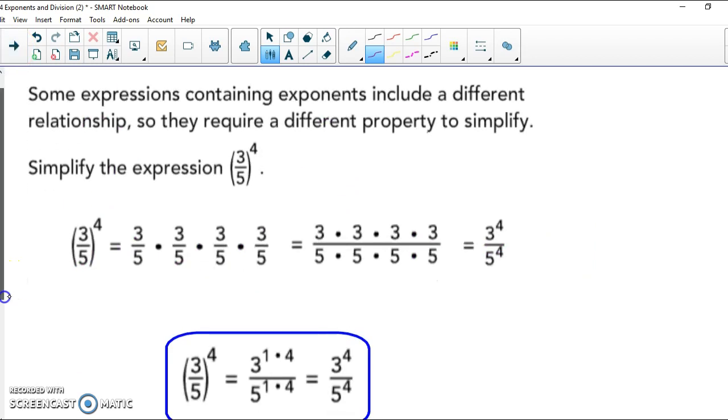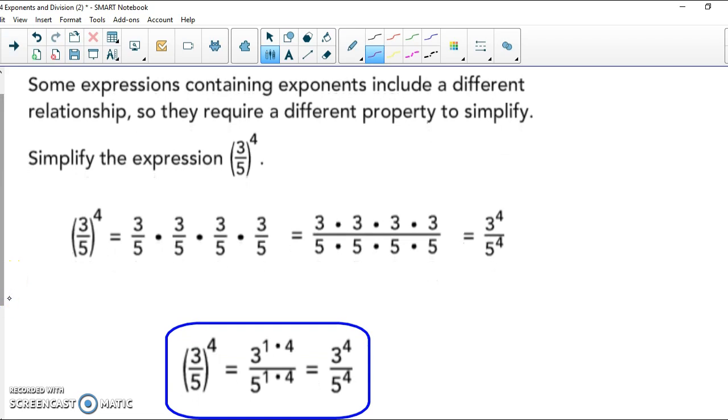So sometimes we're going to have expressions that contain exponents but have a slightly different relationship, so we need a different property to simplify. Let's say that we have an expression like 3/5 to the 4th power. Notice it's not just the 3 that's in the parentheses, it's the whole fraction. So this whole fraction is being raised to the 4th power.